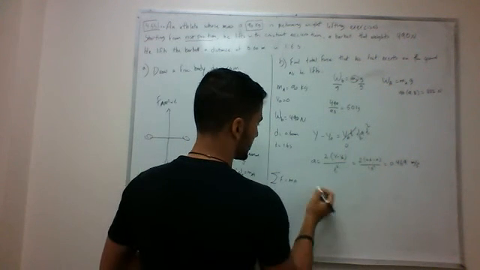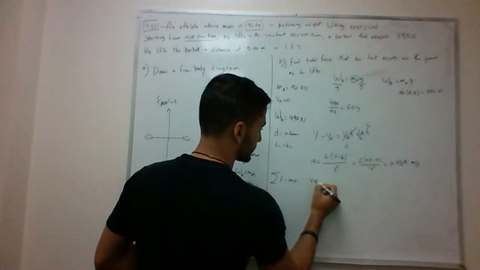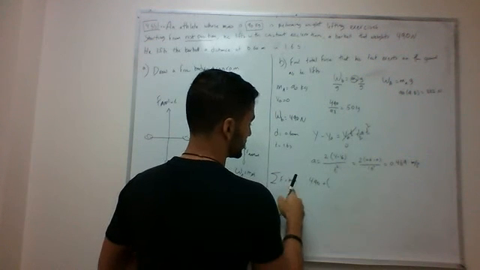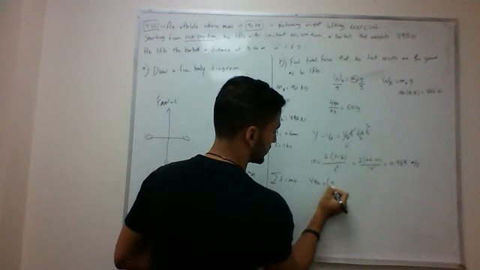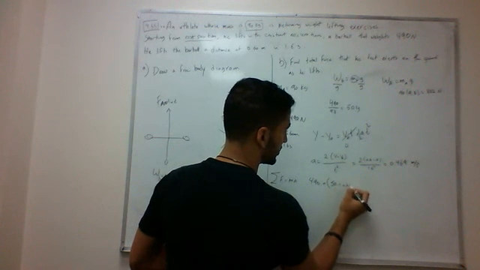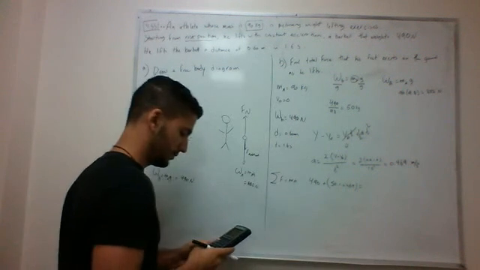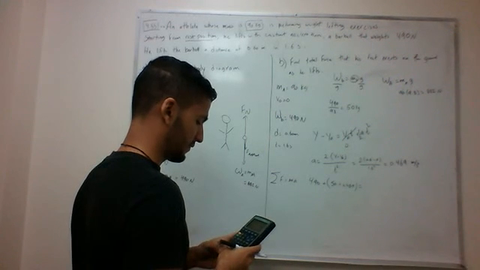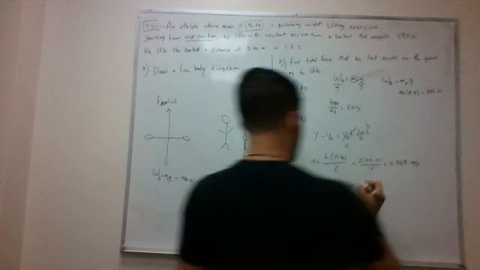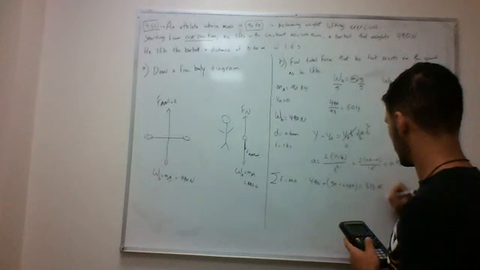Plugging in the numbers, we have the 490 plus the mass of the barbell, which is 50, times the acceleration, 0.469. It's going to be 490 plus 50 times 0.469, which is equal to 513 newtons.